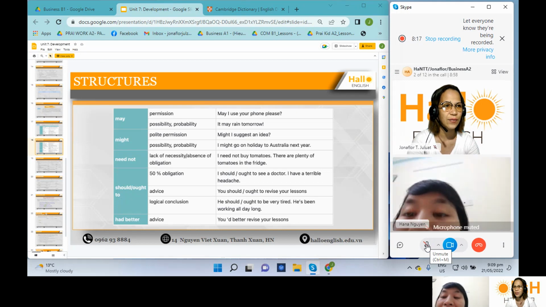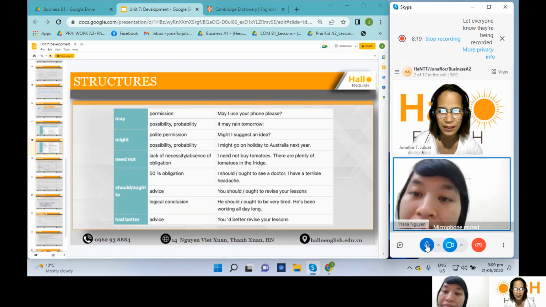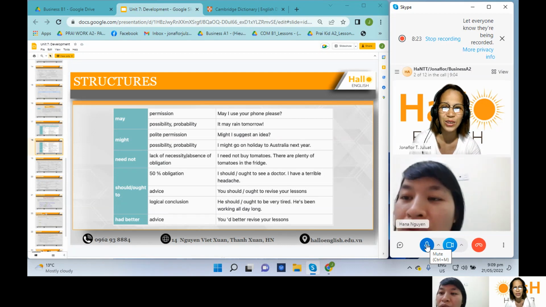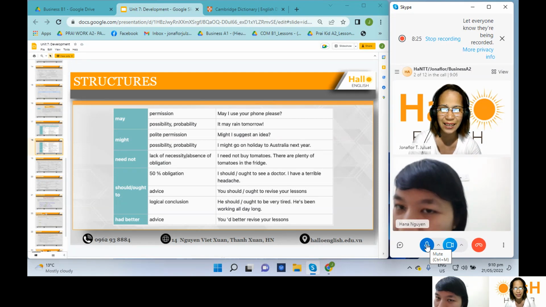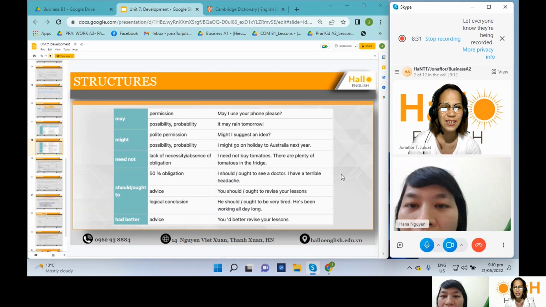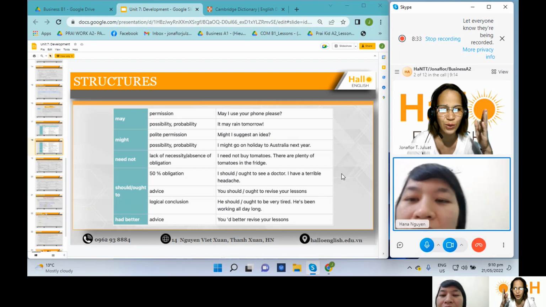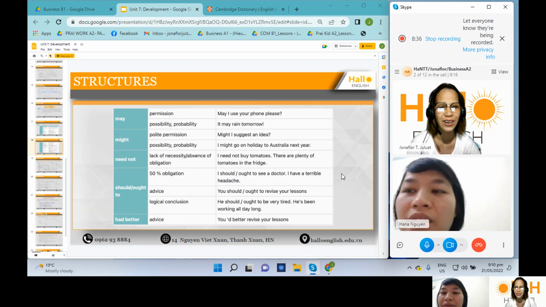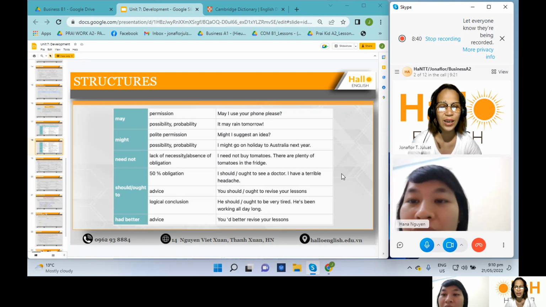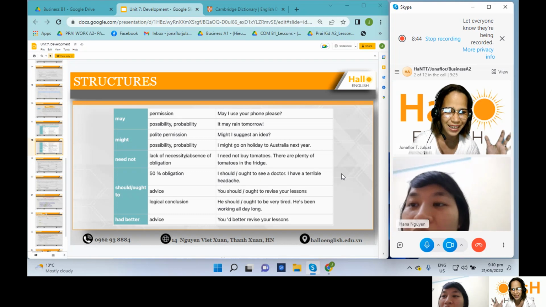So 50% that you are obliged to see a doctor, or else you can drink a lot of water and take medicine at home, 50% also.